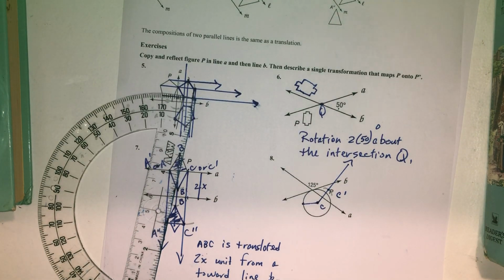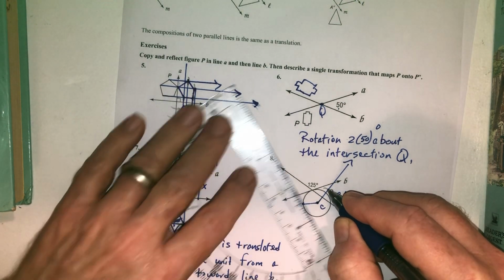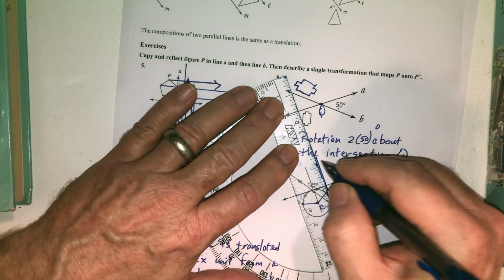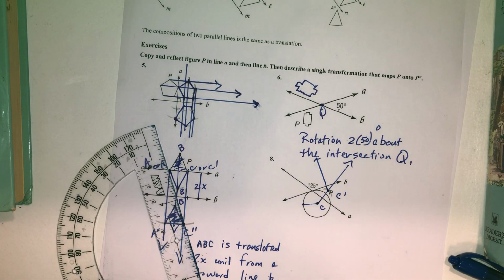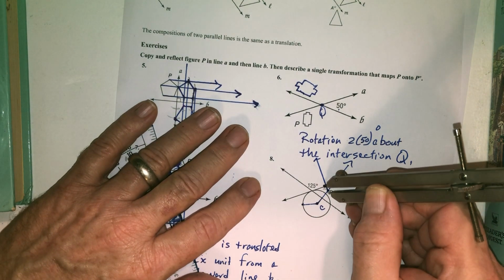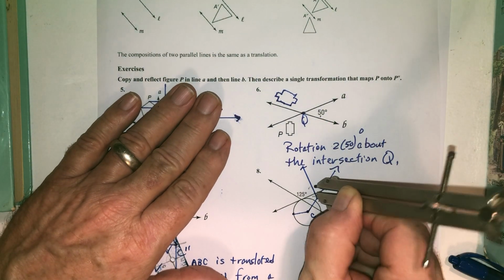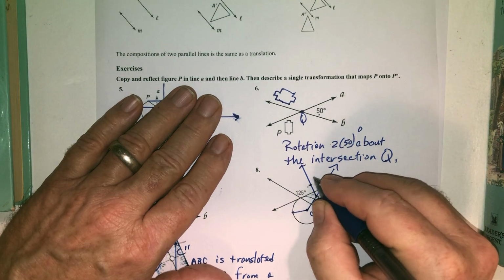And now I'm going to draw a line from C prime perpendicular to line B. So line up C prime, rotate your protractor so that it's perpendicular to line B, draw a line across, and then measure the distance from C prime to line B, and it's a little less than we had before. Then mark off that distance on that ray, and now you have located point C double prime.